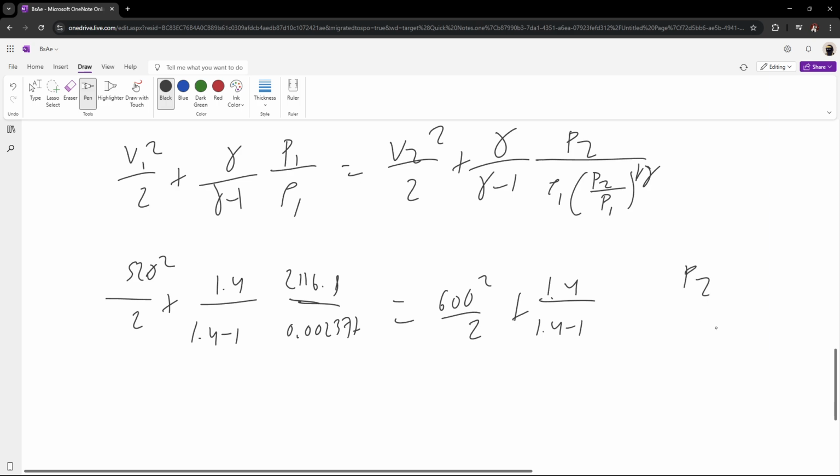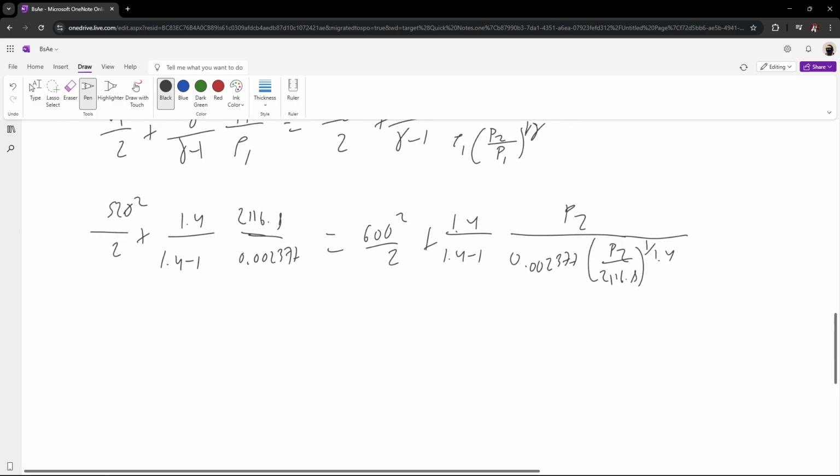Pressure 2 is what we don't know. What we do know is rho 1, 0.002377, multiplied by P2 over 2116.8 to the 1 over 1.4.